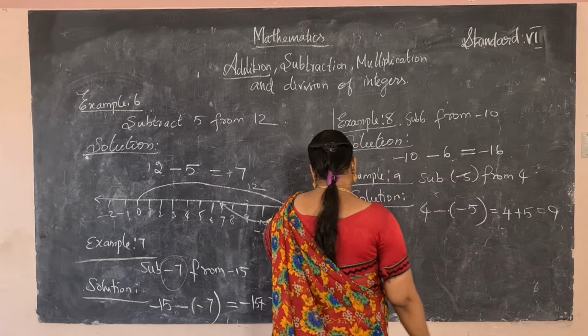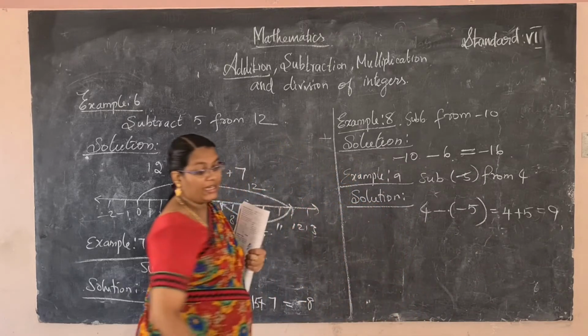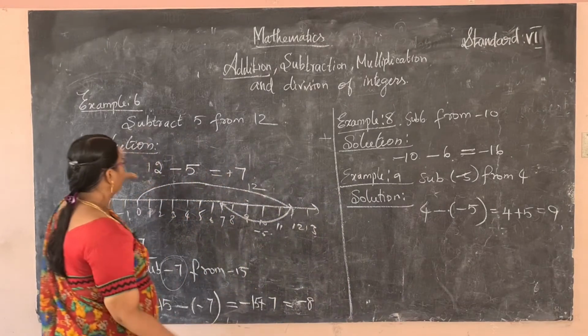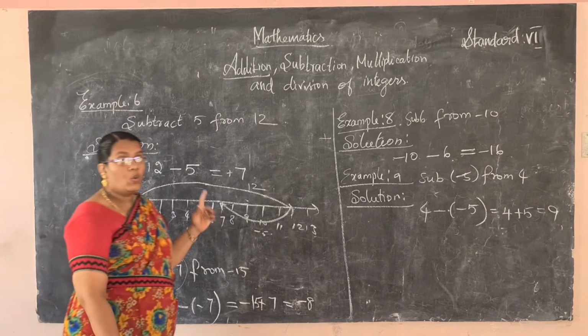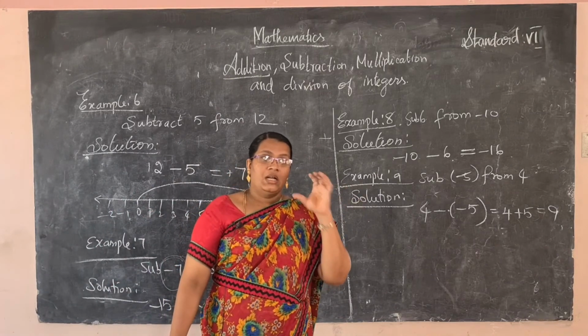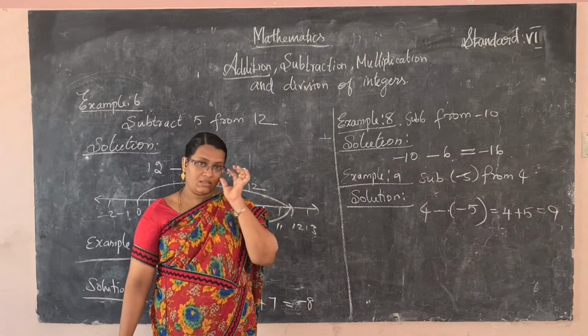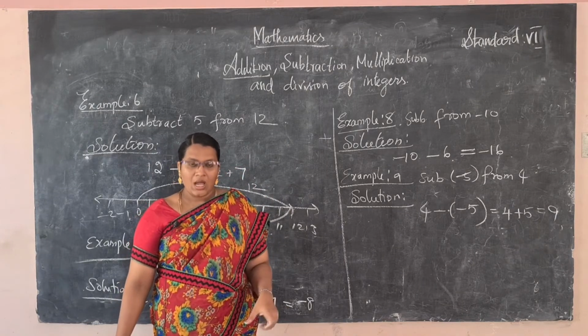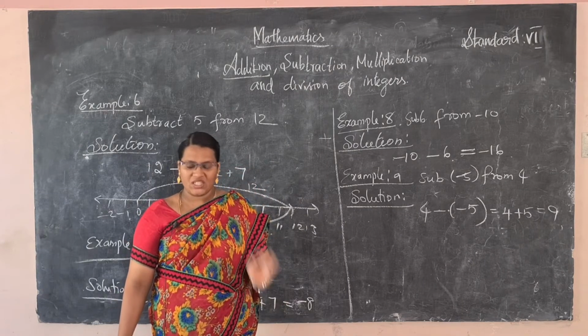Okay, and next is multiplication of integers. I hope you have understood the addition and subtraction rule. What is the rule? For any integers, two integers having the same sign, add and put the same sign. That's it.